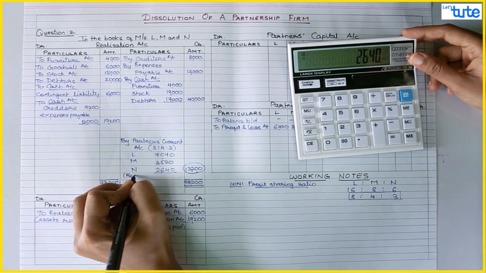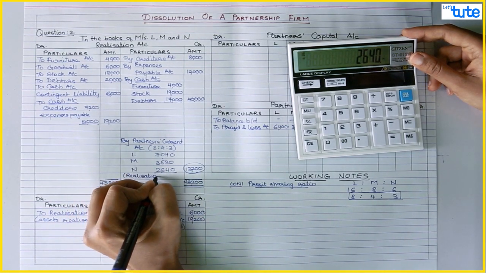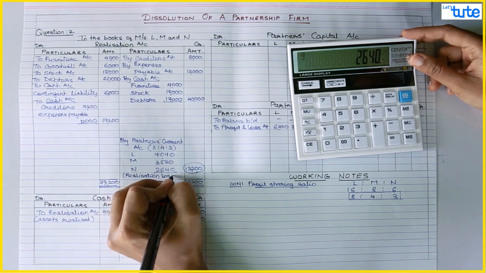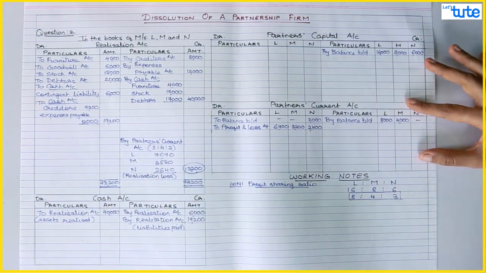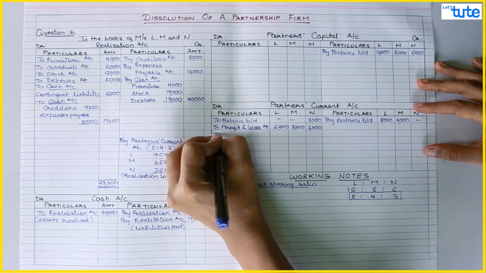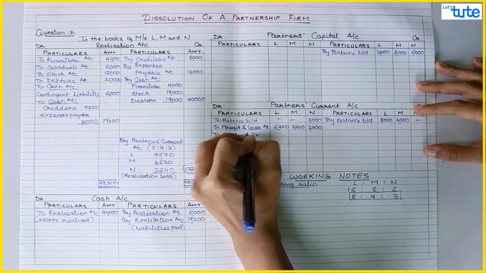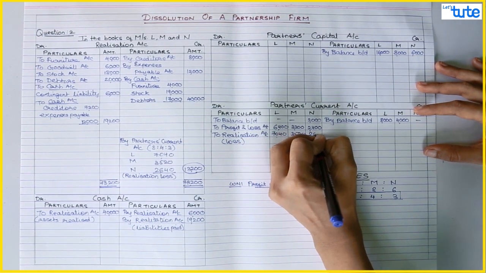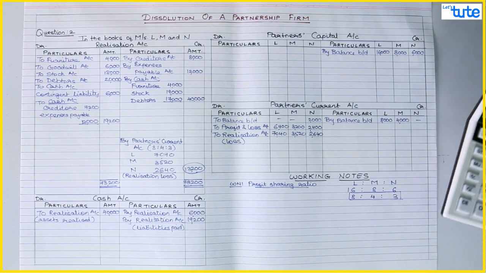This we can say as realization, is your profit or loss? Since your debit side is more, this is your realization loss. Transfer it to partners' current account. So here it is credited, so partners' current would be debited to realization account for loss: 7040, 3520 and 2640. Pass this in your journal.